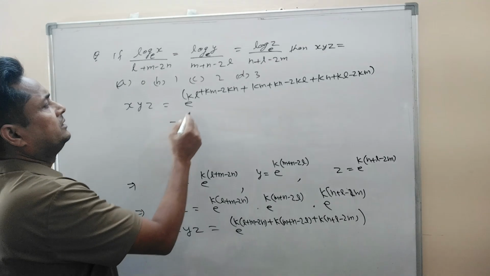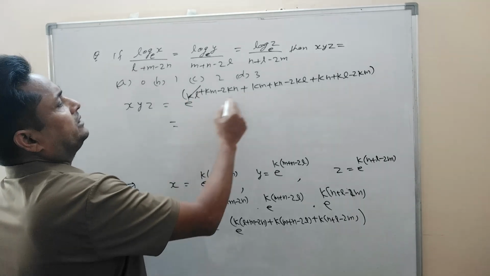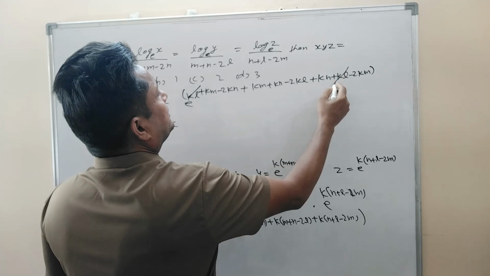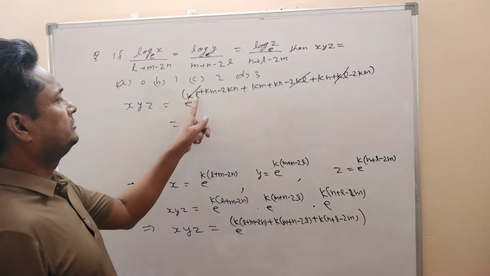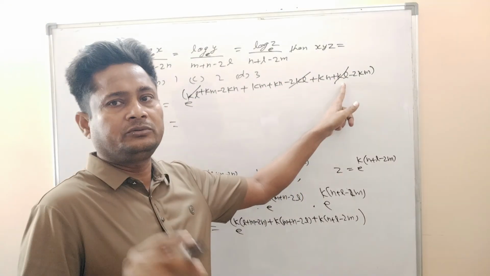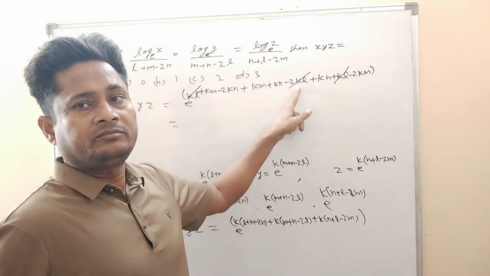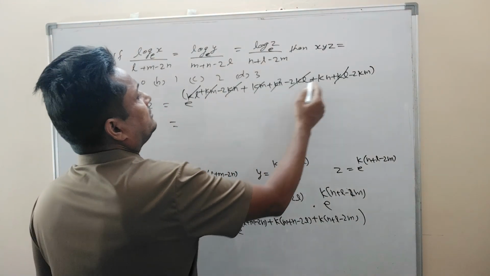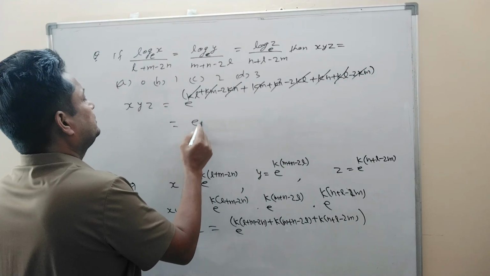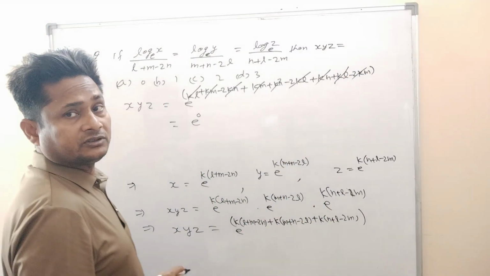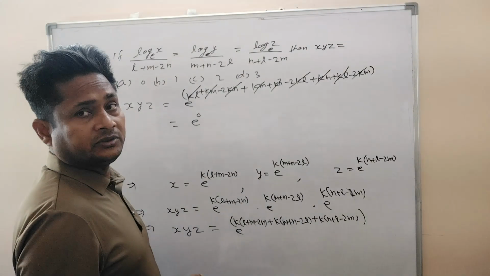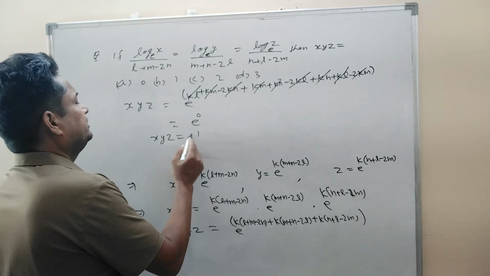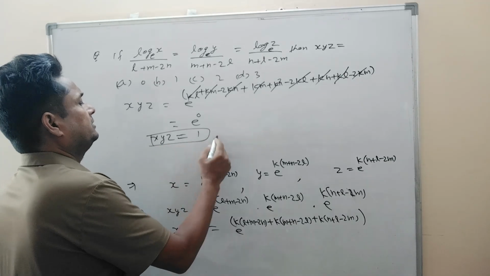You see that this kl will be cancelled out by this kl, plus kl will be 2kl, and it is given minus 2kl. In the same way, these all will cancel out. So this is equal to e to the power 0. e to the power 0 is how much? 1. So xyz is equal to 1. So this is the answer of this question.